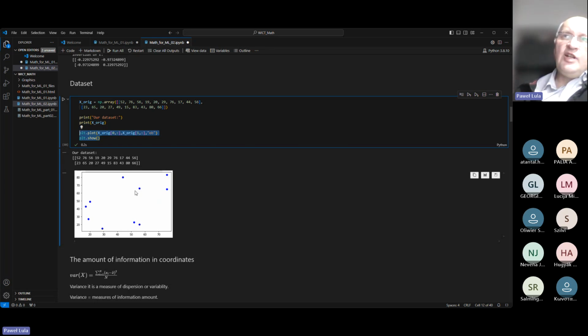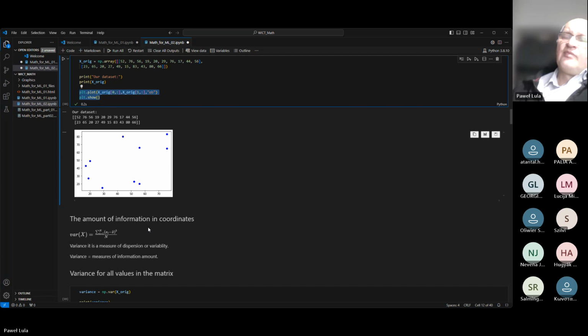We know that every object is defined by two coordinates. These two coordinates are assigned to two variables, which are here represented by the axes x and y. And very often we can consider a problem of variables importance.